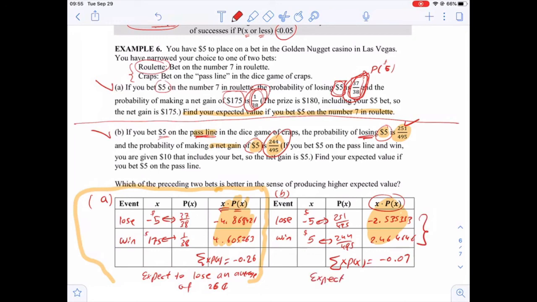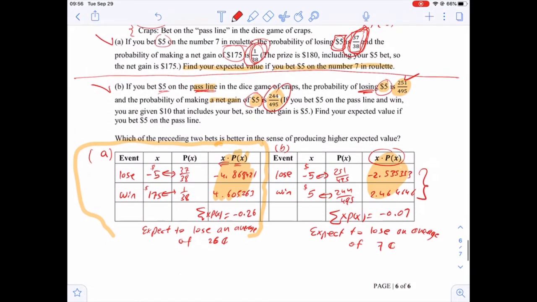So we expect to lose an average of 7 cents. So which one is better? For sure this one is better, to lose 7 cents rather than losing 26 cents.